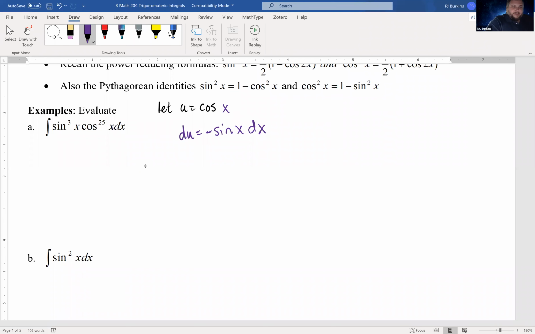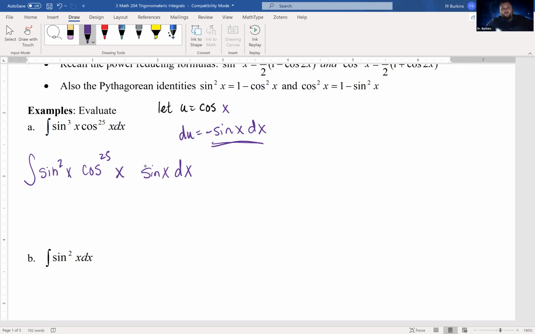So if that's the case, then I need to rewrite this equation. I need to break off one of the sines, and I'm going to slap it back here at the end of the problem with the dx, because that's where I need it. Left behind is going to be a sine squared out front, and then also a cosine to the 25th.